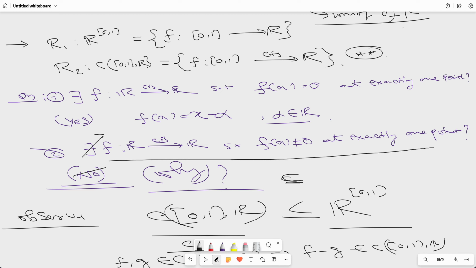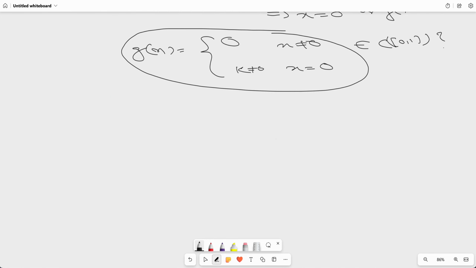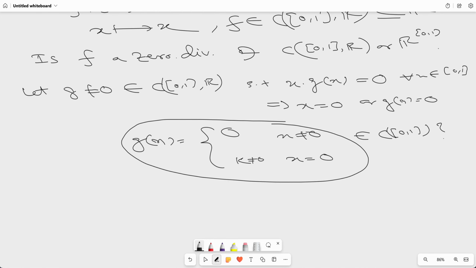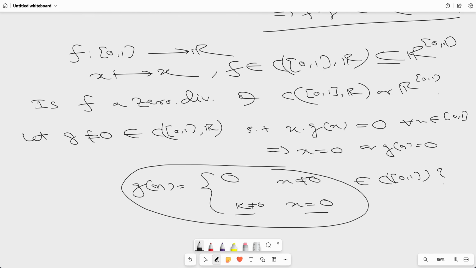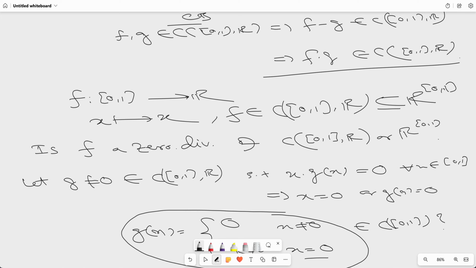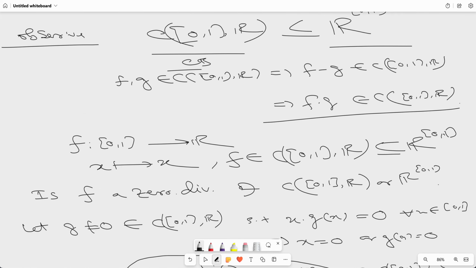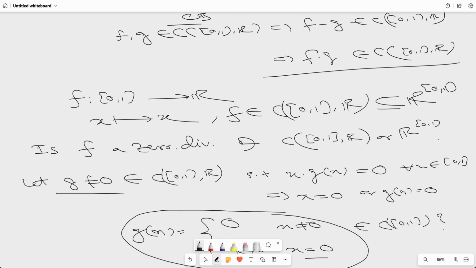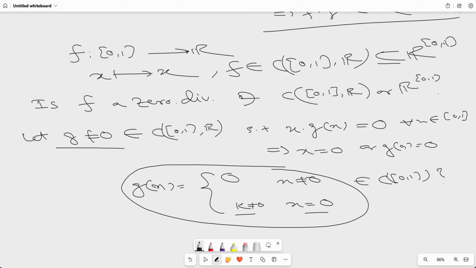Here this function is non-zero at exactly one point, so it is not going to be continuous. So f is not a zero divisor in this case; it is a contradiction. g(x) is non-zero, you cannot choose it here.